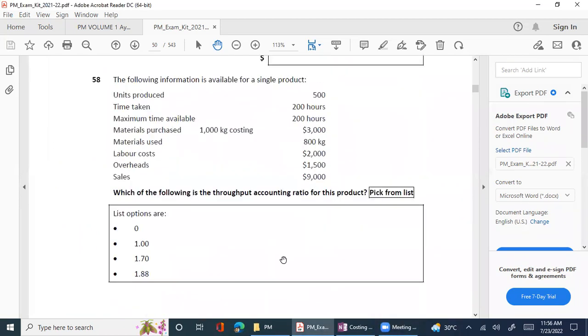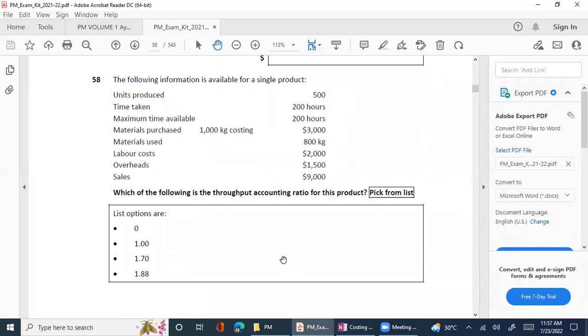Okay, let's do 1 or 2 more questions. The following information is available for a single product: units produced, time taken, maximum time available, materials purchased, material used, labor cost, overhead, sales. Which of the following is the throughput accounting ratio for the product? So we need to find the throughput accounting ratio.